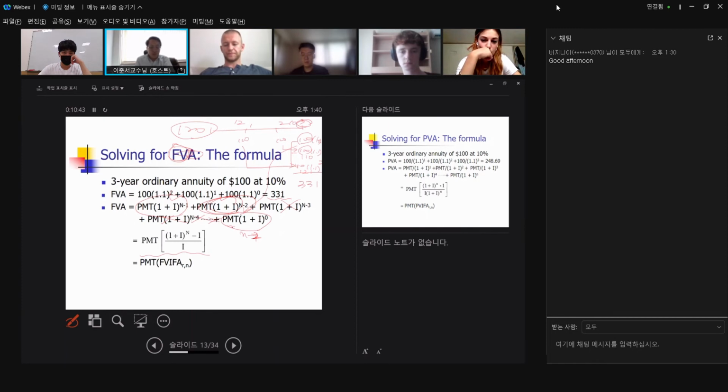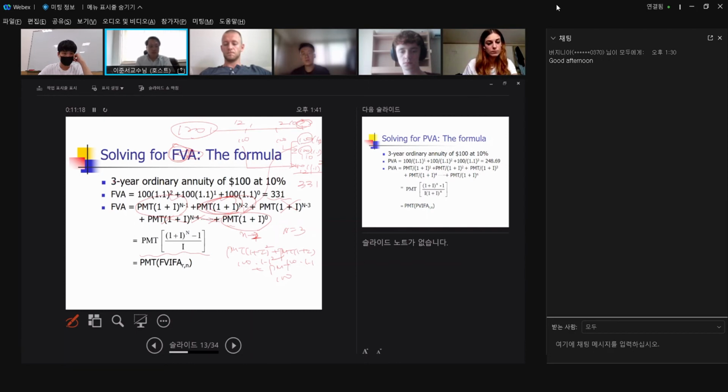So this is 100 times 1.1 to the power of 0, 100 times 1.1 to the power of 1, n minus 2. n minus 1 is the payment times (1 plus i) to the power of n minus 1. So if n equals 3, then it's the payment times (1 plus i) squared, plus payment times (1 plus i), plus the payment itself. This is the 100 times 1.1, 100 times 1.1 squared that I did, right?